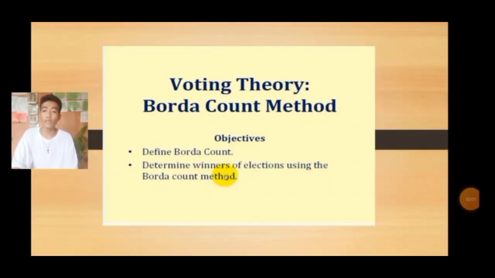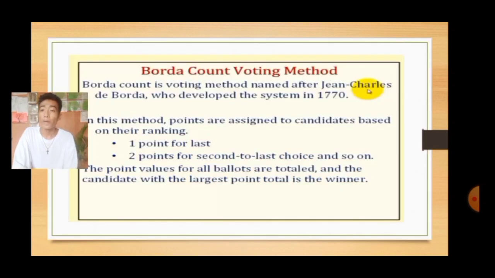Hello everyone, my topic for today is about voting theory. For the Borda count method, the objective is to define the Borda count and determine the winner of an election using the Borda count method. Borda count is a voting method named after Jean-Charles de Borda, who developed the system in 1770.